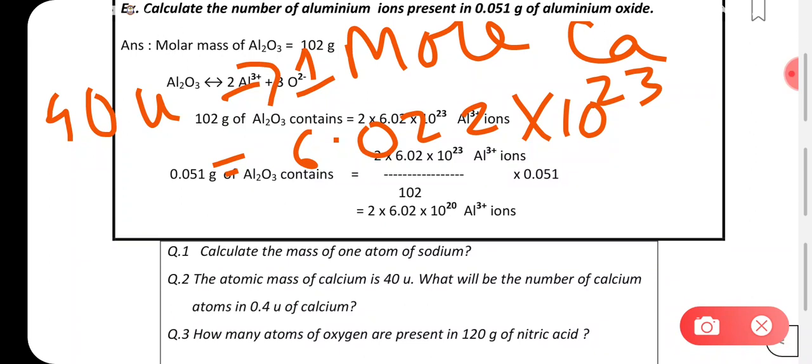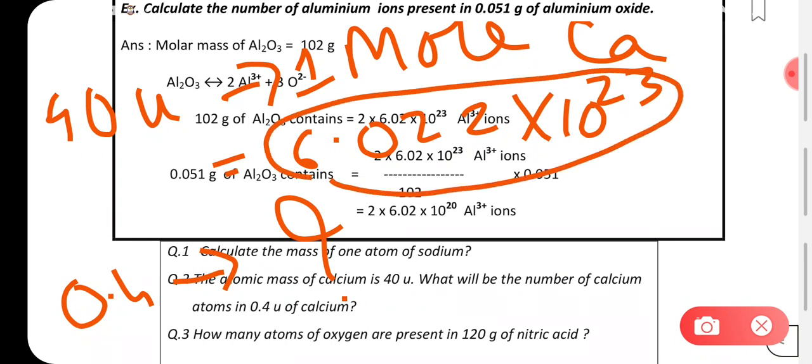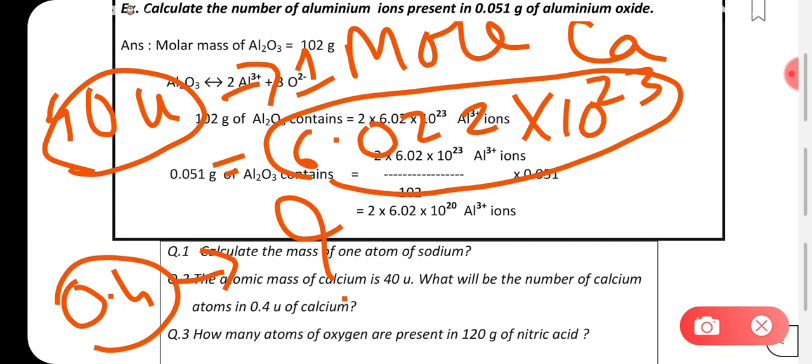You have to find it for 0.4. It will be how much? Normal mathematical procedure: this number divided by this, multiplied by 0.4. So you will get the answer.